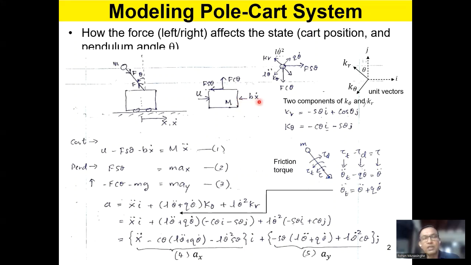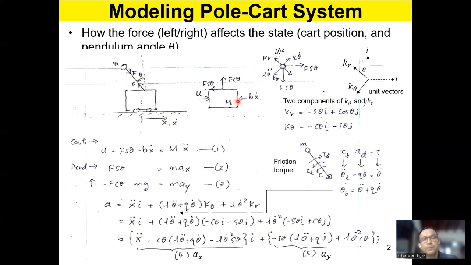If x dot is positive, that is positive velocity, this is against it. And if the cart moves leftward, then x dot is negative, and this force would be from left to right, the opposite direction. So the sign of x dot will take care of this friction. It's always against the motion.